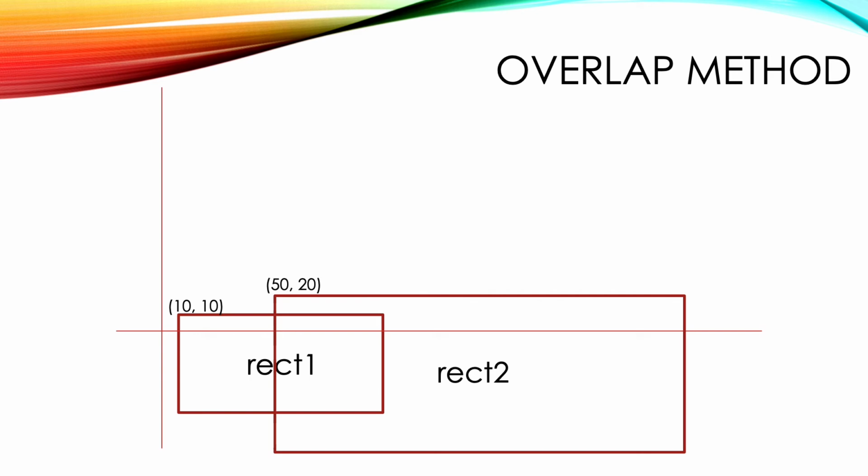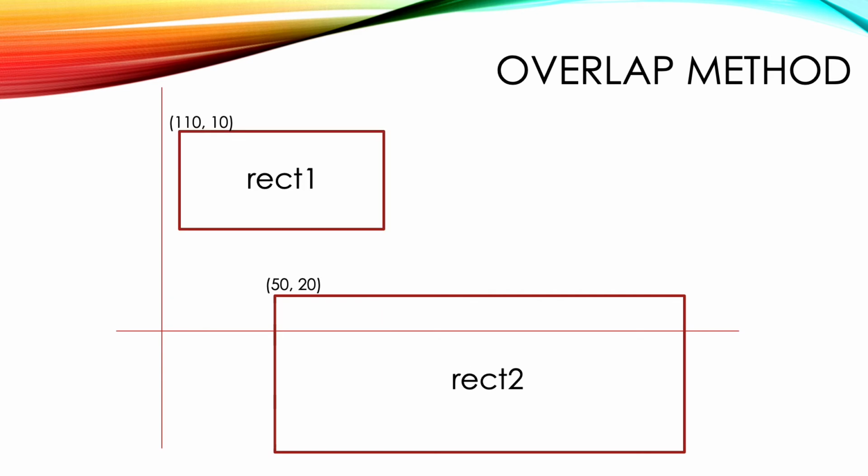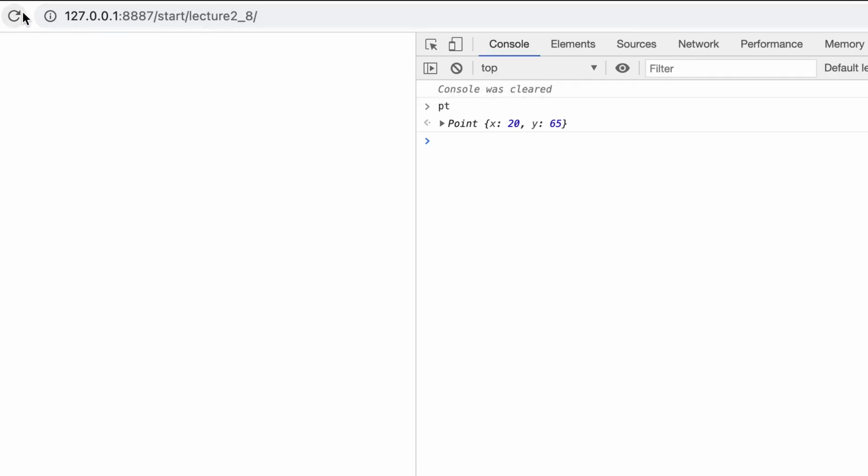Initially the rectangles overlap, like this. After moving Rect 1, they're like this, with no overlap. Save, refresh the browser, and you get three messages. The area of Rect 1, and then two messages about the overlap of Rect 1 and Rect 2. The first is true, the second, after the move call, is false.